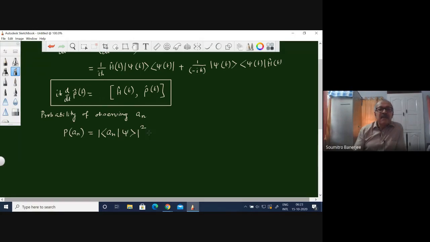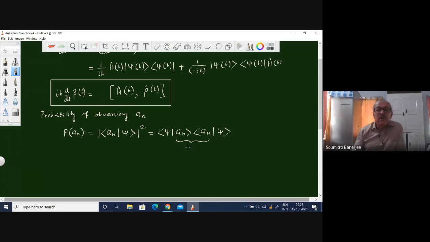And this can be expanded: this star, and this star is psi, can be put on this side, so I can write it as psi a_n a_n psi. This is the probability amplitude and the probability amplitude star, so that gives the mod squared aspect. So you have this expression.